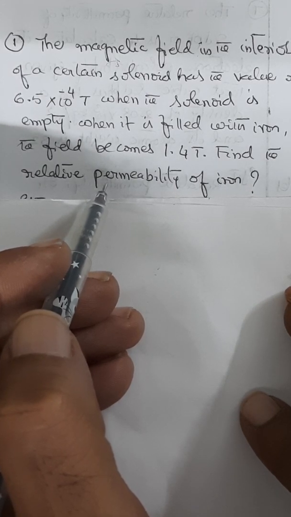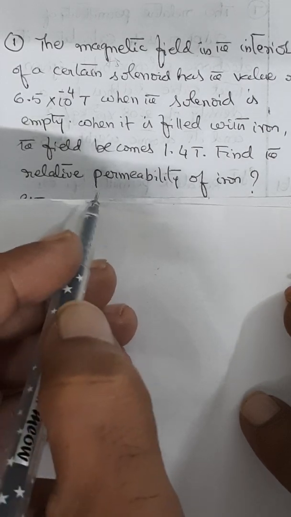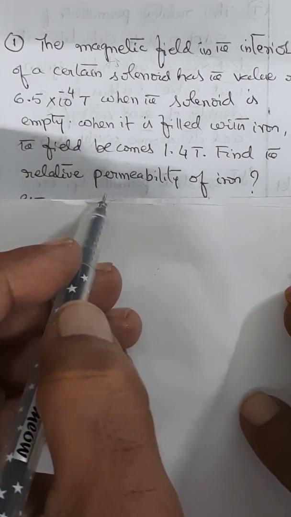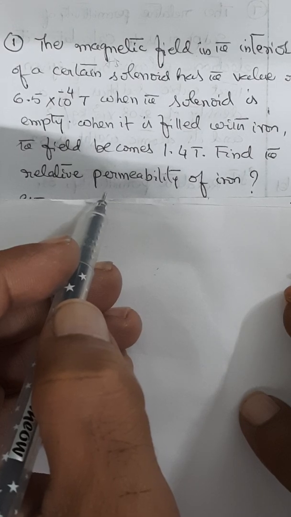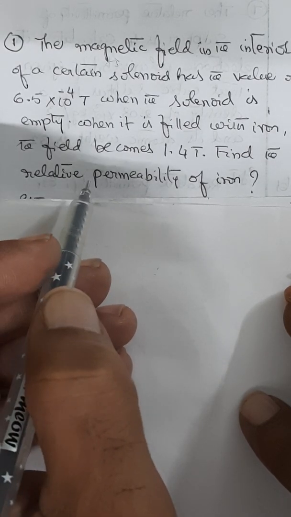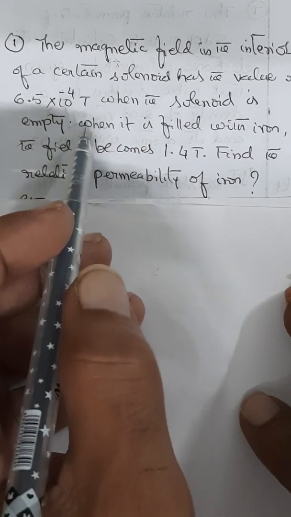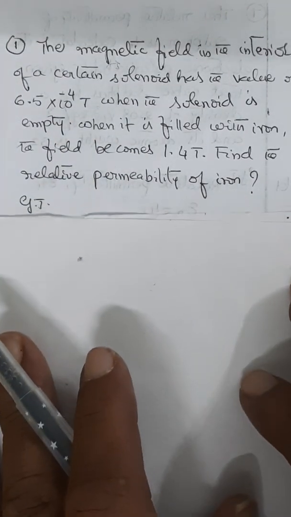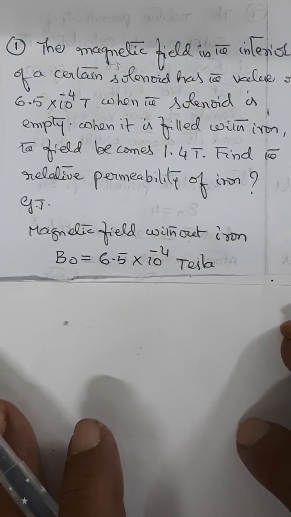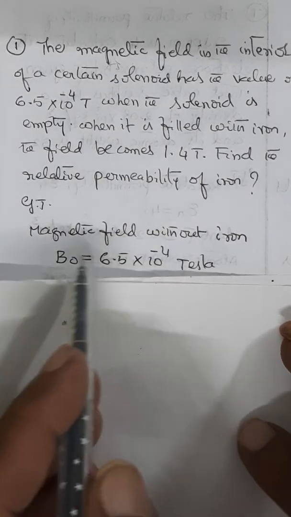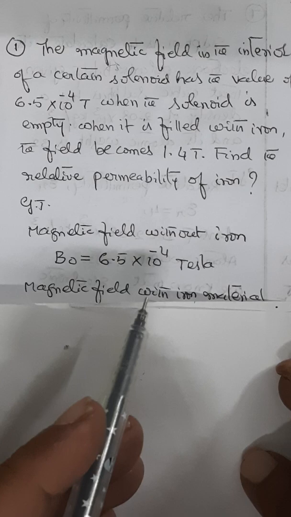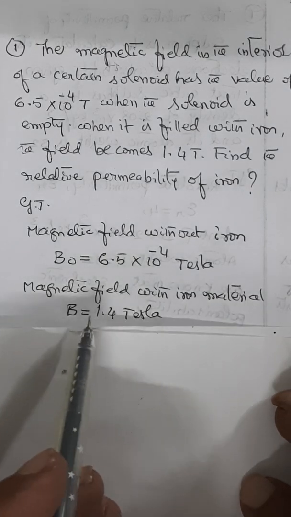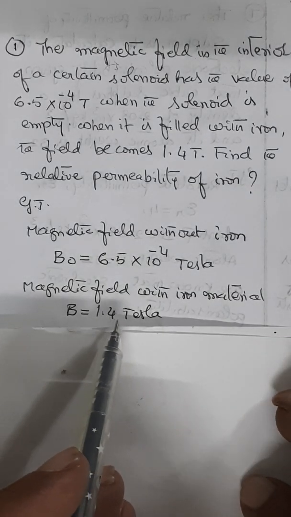Now we were asked to calculate the relative permeability of the iron. Relative permeability mu r is to be calculated. Mu r will be the ratio of these two. So how do we go about, given that magnetic field without iron is 6.5 into 10 power minus 4 Tesla and magnetic field with iron material is 1.4 Tesla.